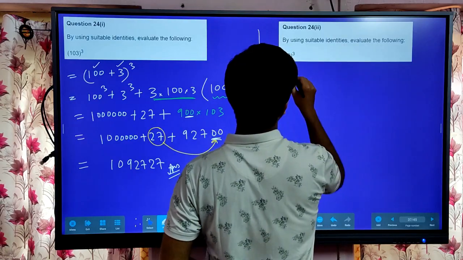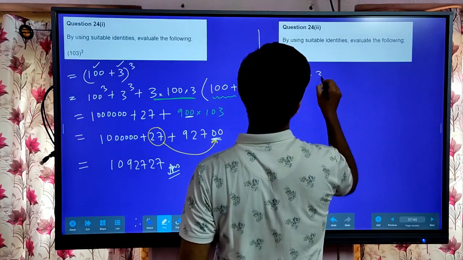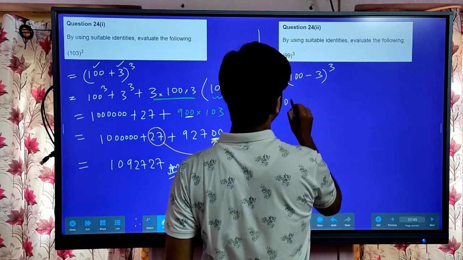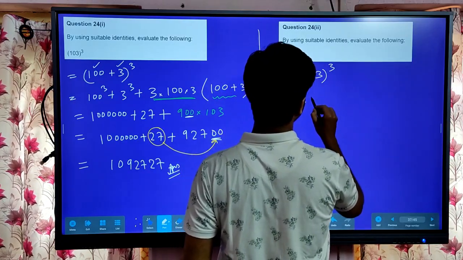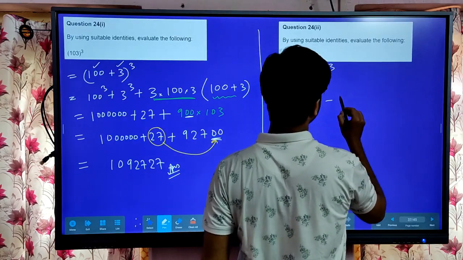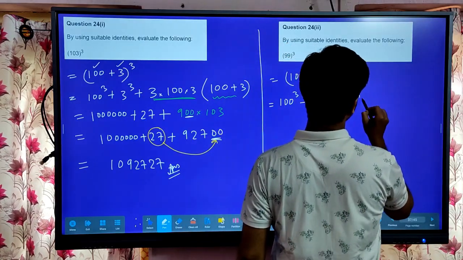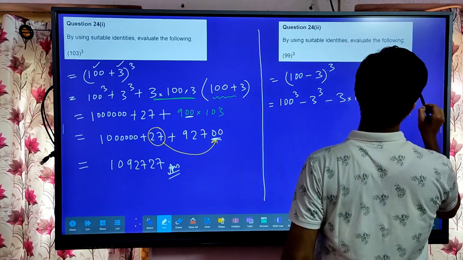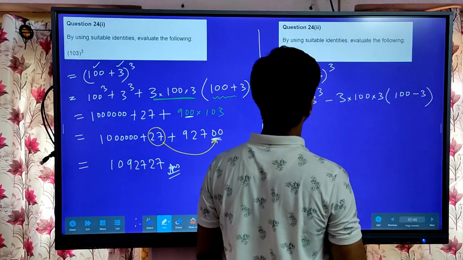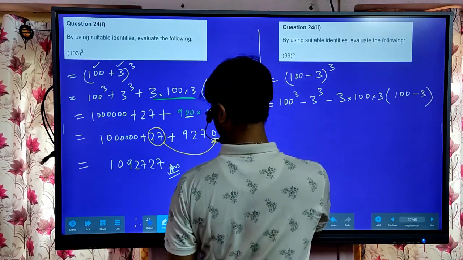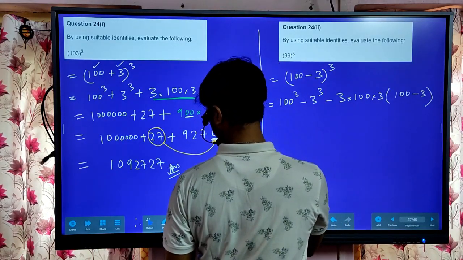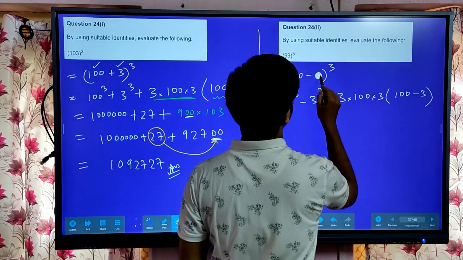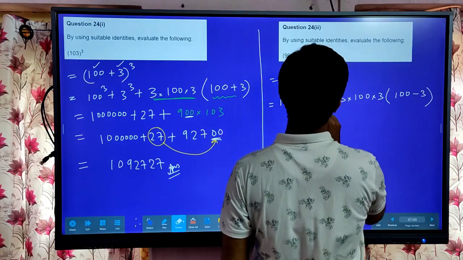It will be 100 minus 1 whole cube. It will be a cube minus b cube minus 3ab into a minus b. Sorry, it is 1, not 3. 100 minus 1 is 99.